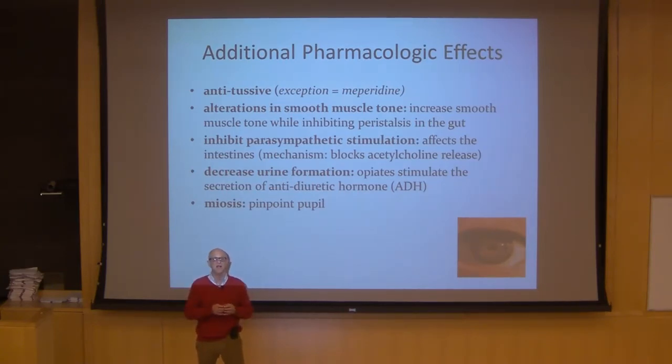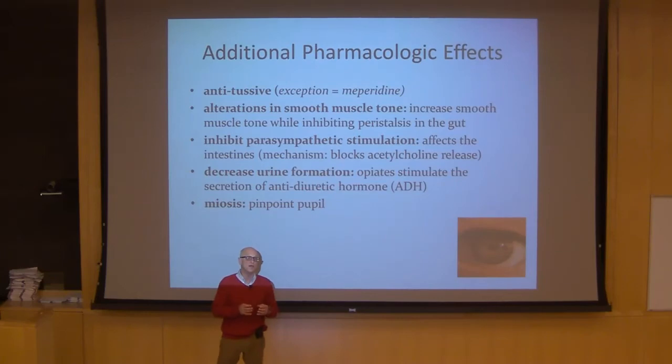peristalsis in the gut, and it turns out that the opiate receptor, particularly opiates that are very potent, stimulate the smooth muscle in the intestine to contract, but they do it in a random fashion, and so that you don't have peristalsis. They stimulate the gut, but nothing happens, and that basically stops you up.